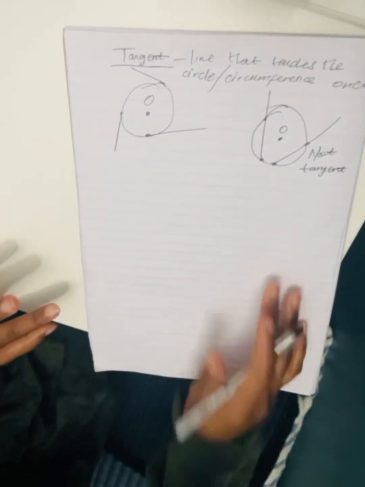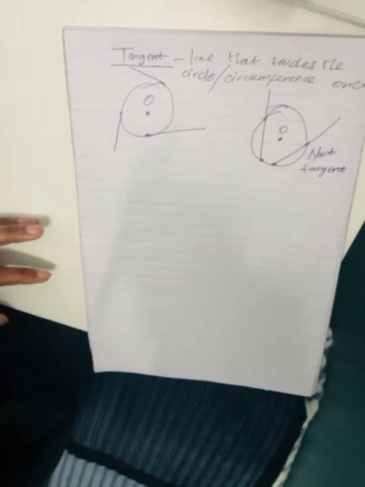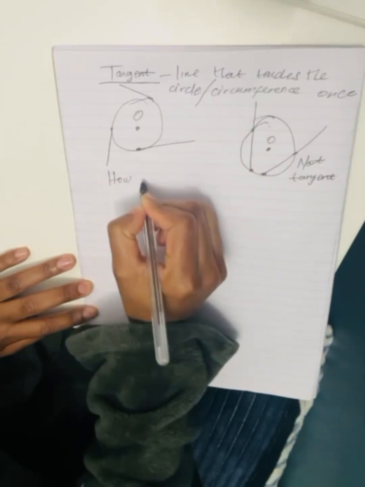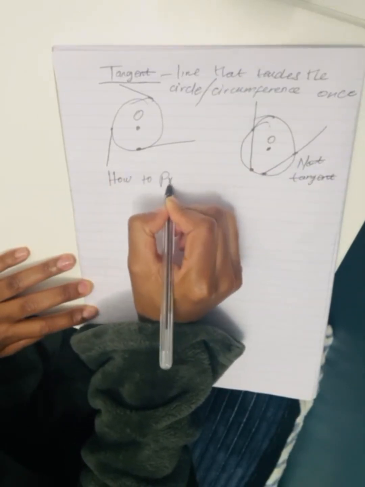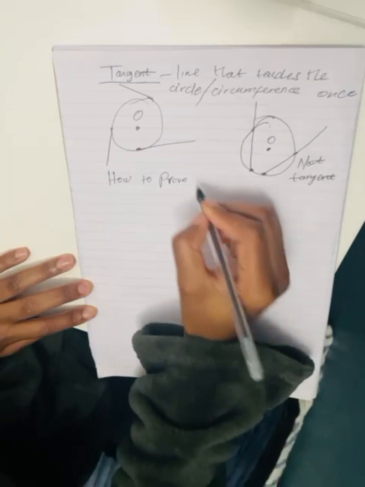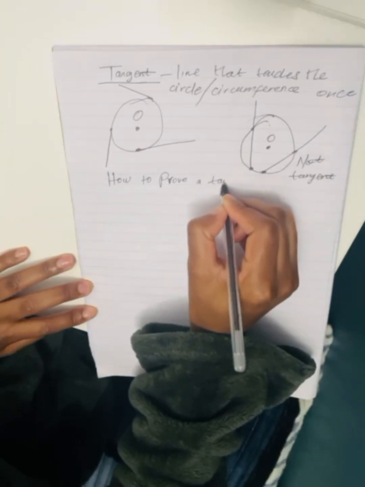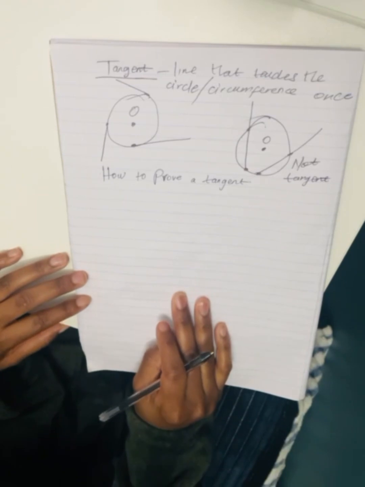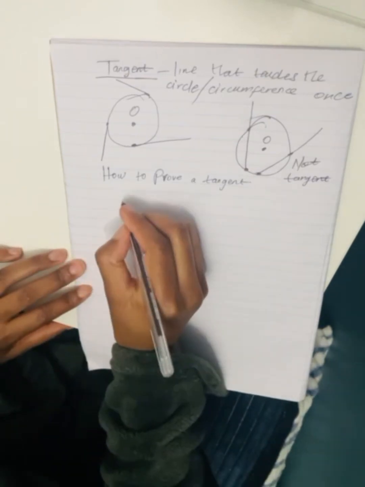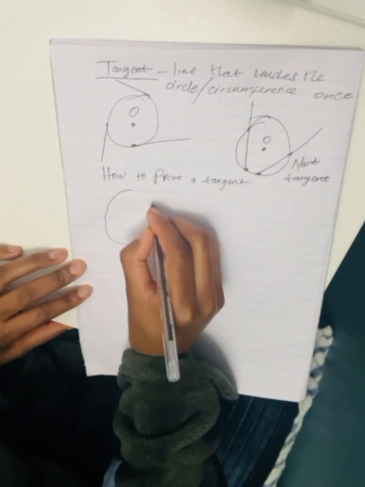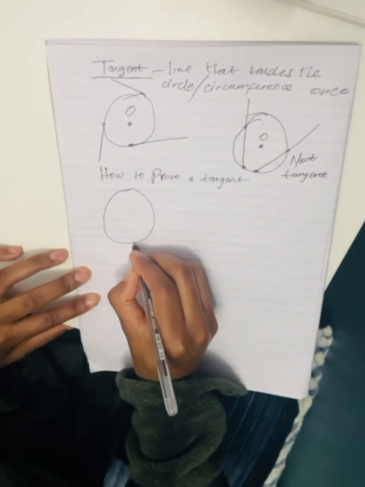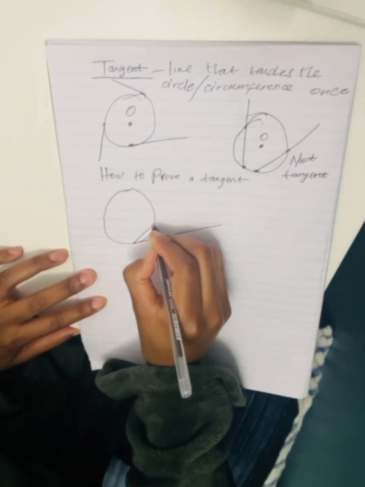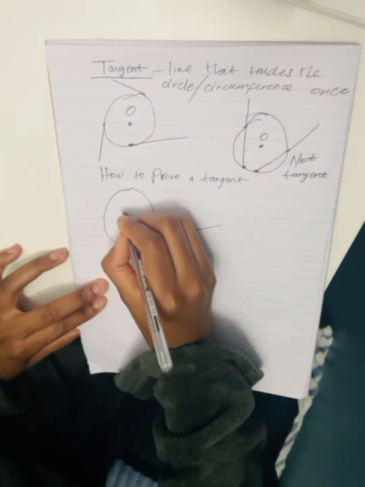So how do we prove a tangent? The first thing, we have the tan chord theorem. You can have your circle like this, and a line that touches the circle once.